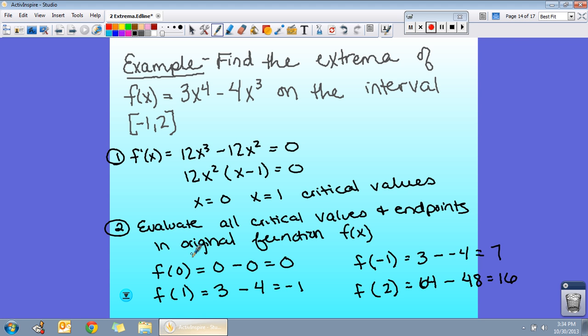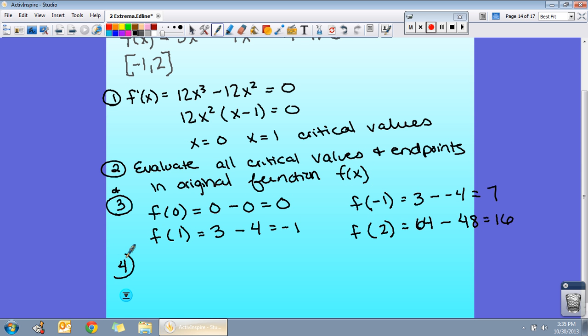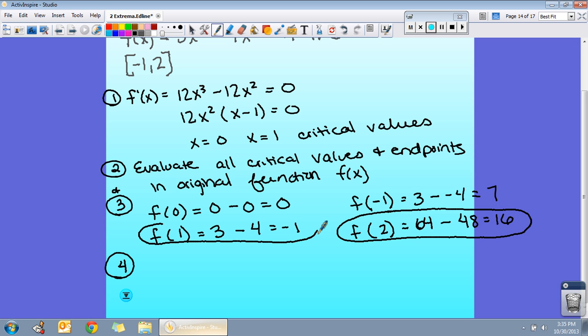So then what you need to do is, I guess this is step 2 and 3. Then what you need to do is decide which has the highest y value and which point has the lowest y value. And then we need to make a concluding statement.